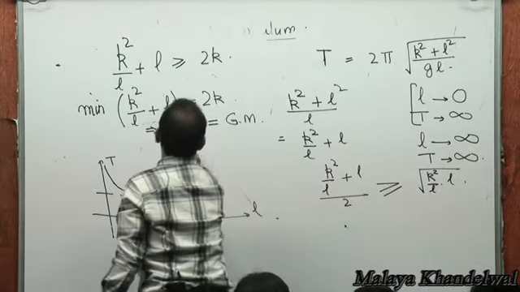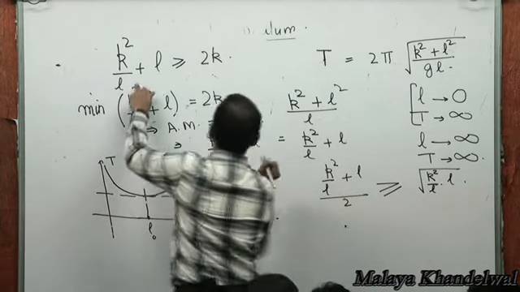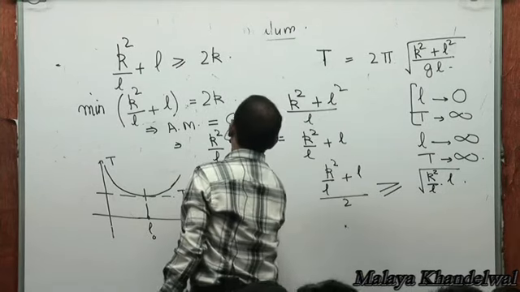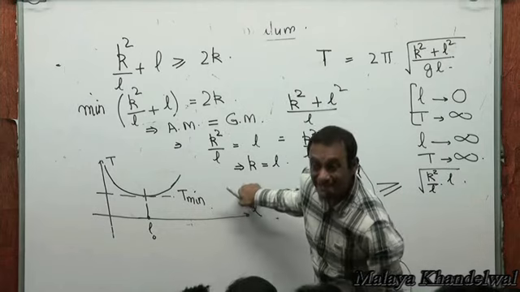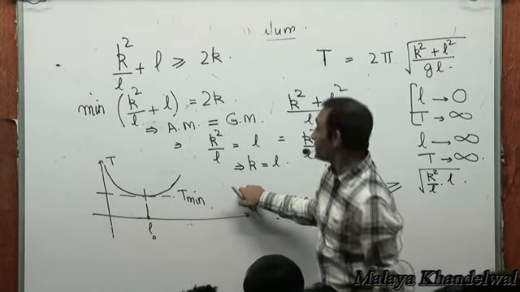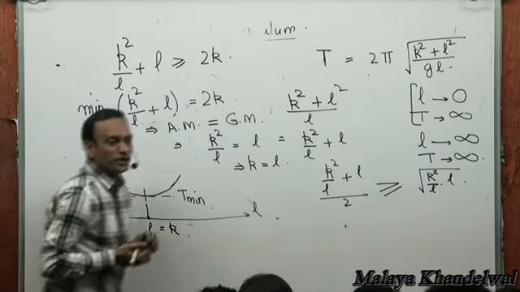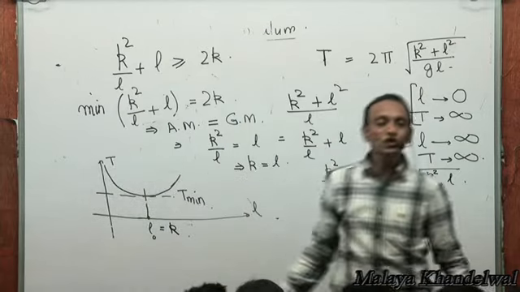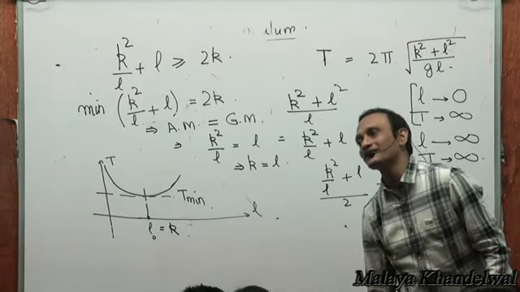This would happen when K squared by L becomes equal to L, that is, when L is K. That means this L naught must be equal to K. For T to be T min, L naught must be equal to K, the radius of gyration about the center of mass axis.